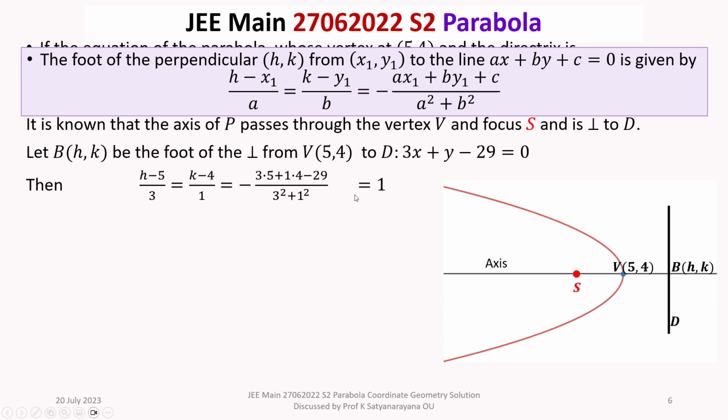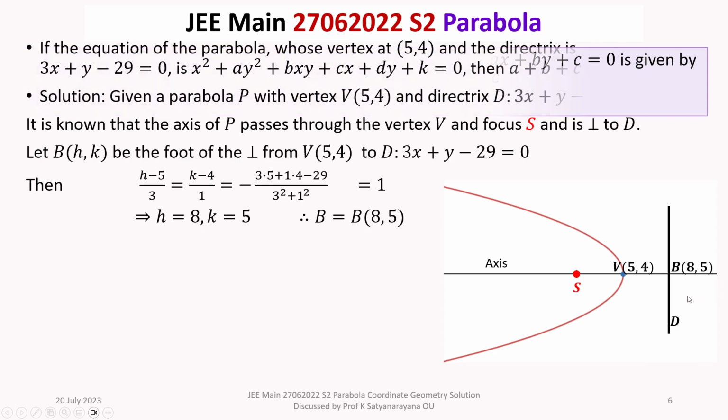And similarly, the k value can be found. So this will imply h = 8 and k = 5. Therefore, the coordinates of B are given by (8, 5). So B(h, k) is none other than B(8, 5).